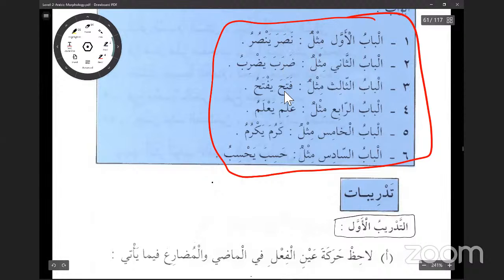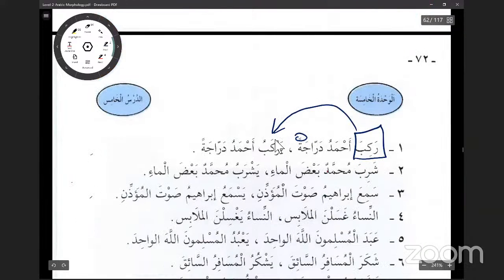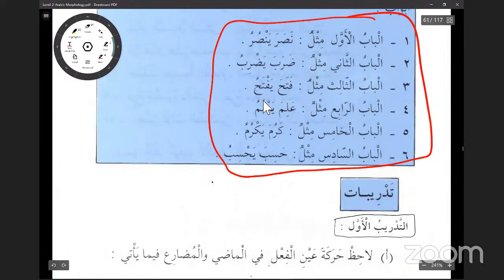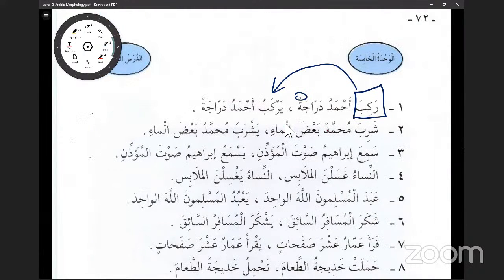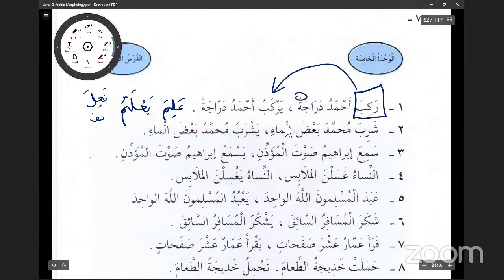So you have rakiba. All you have to do is go to the one who has the kasra on the ayn al-fi'l. Here you go, alima, right? And then you see that yarkabu is the mudari version, and it has a fatha on the ayn al-fi'l. And if you look at alima ya'lamu, it has a fatha on the ayn al-fi'l as well. So we say that it belongs to alima ya'lamu, which means that it is in fa'ila, sorry, and then yaf'alu, like this. So that's number one.